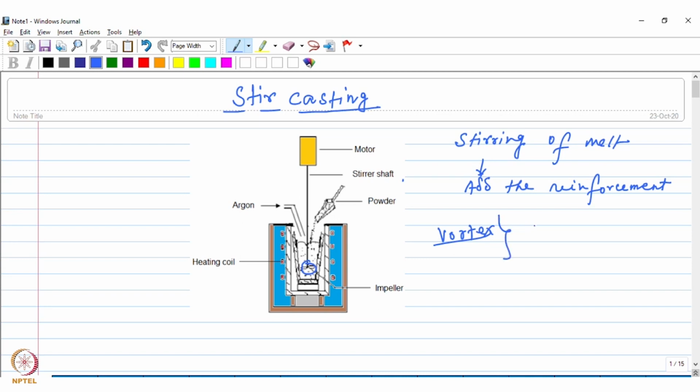This is something that we have seen before while talking about the grain refinement by stirring and vibration.